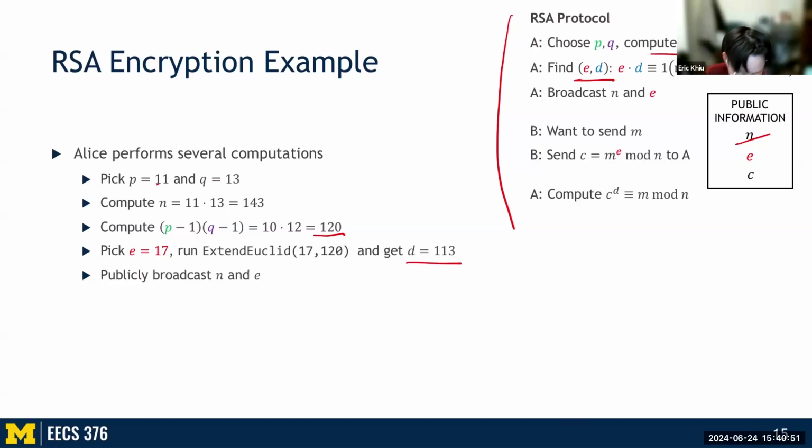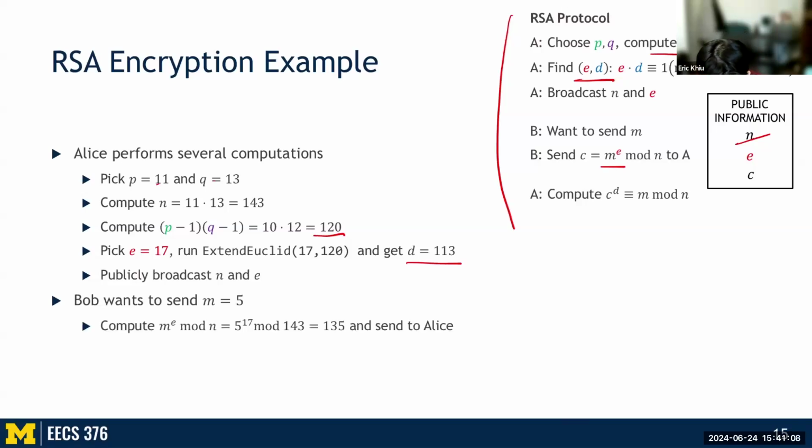Now, let's say Bob wants to send the message M equals 5. Using the protocol, he's going to encrypt the message by raising it to the public key E, then taking mod N. So it's 5 raised to 17 mod 143. You should try to compute this modular exponentiation using either repeated squaring, FLT, or Euler's theorem, and send it back to Alice.